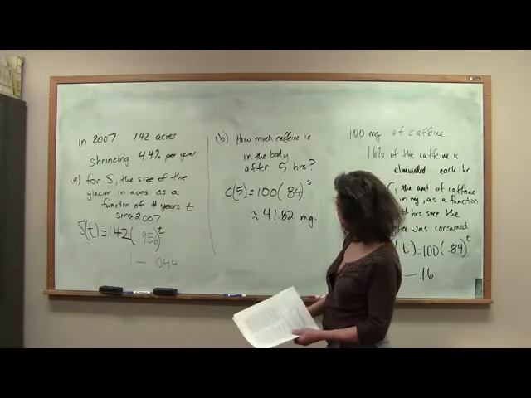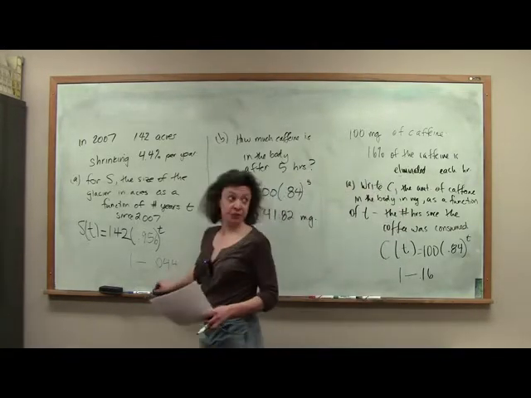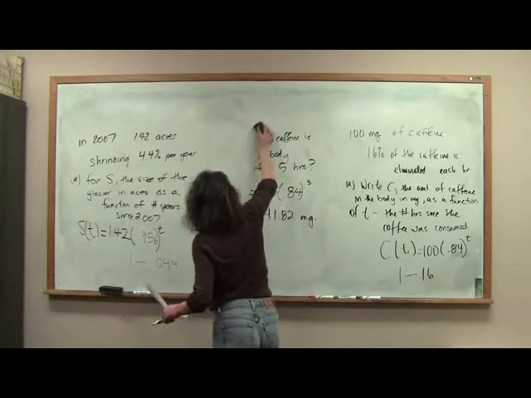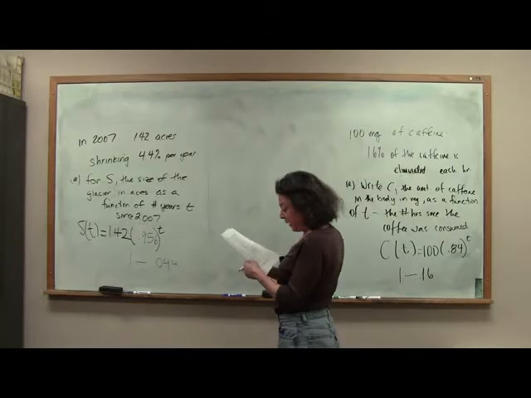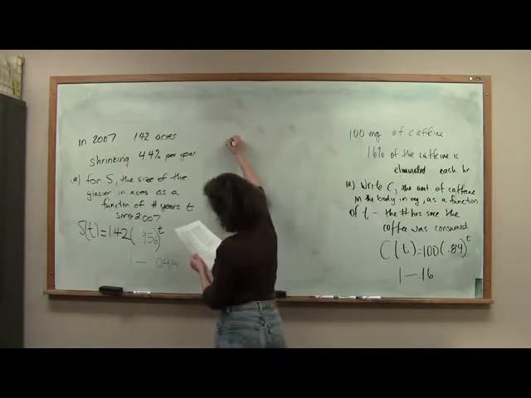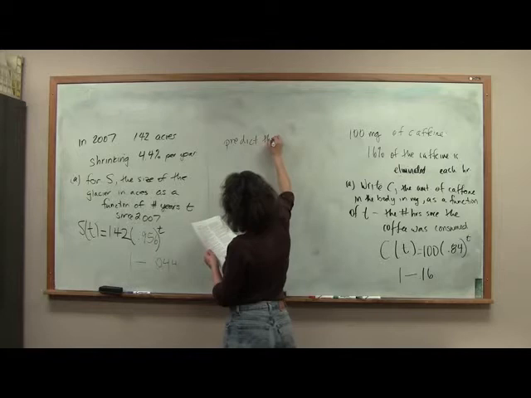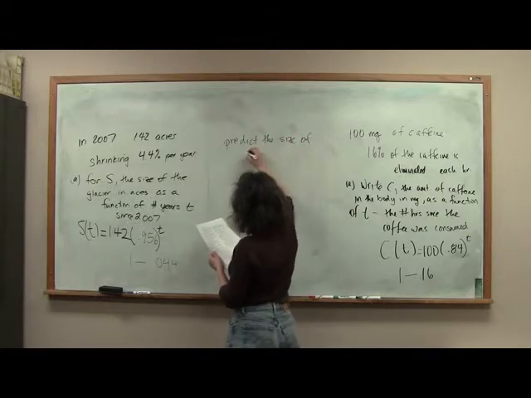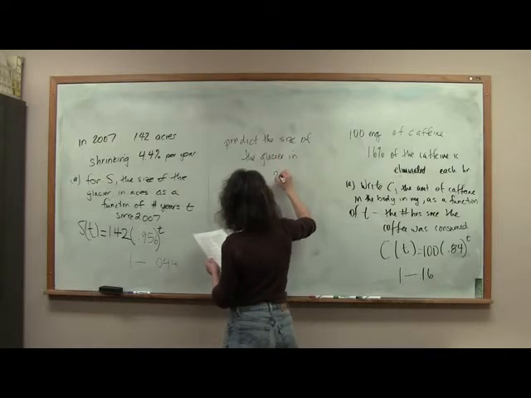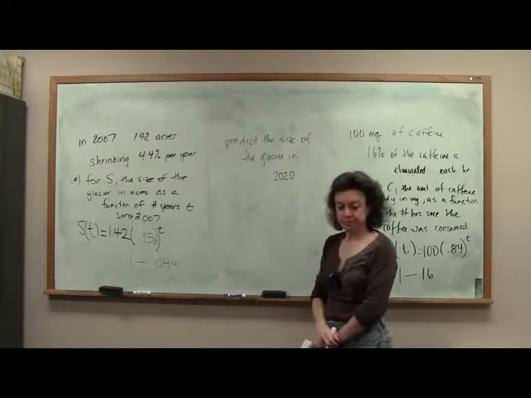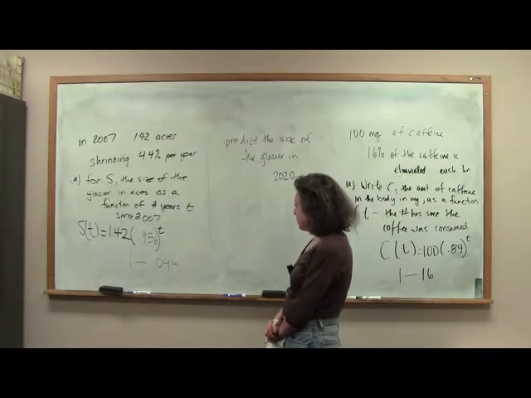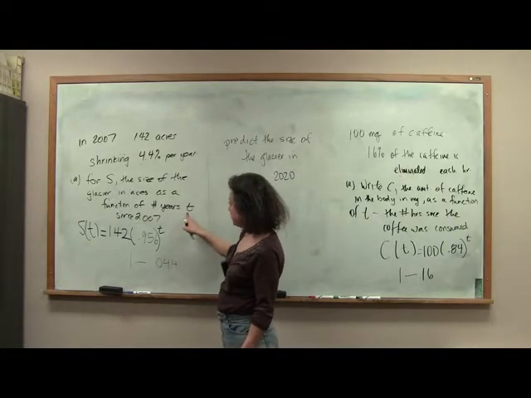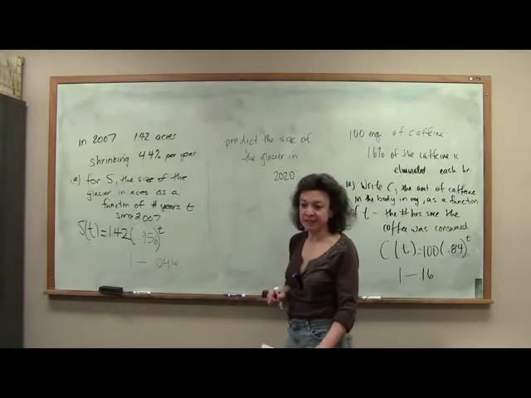Now, since we found the formula, we might as well answer a question or two that follows. So, what can I ask? Well, what if I want to predict the size of the glacier in the year 2020? Well, remember, t stands for the number of years since 2007.